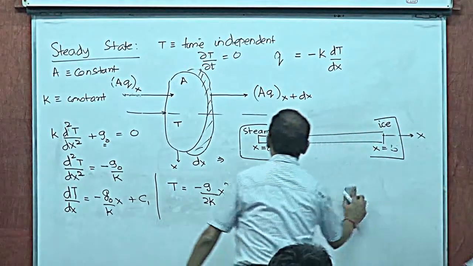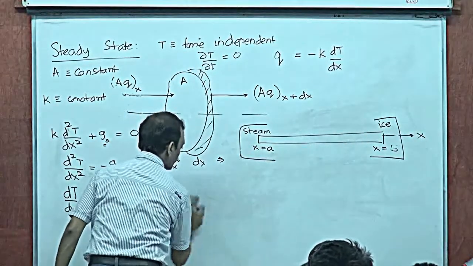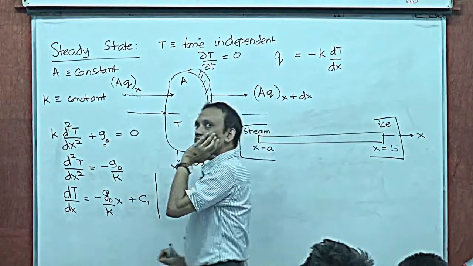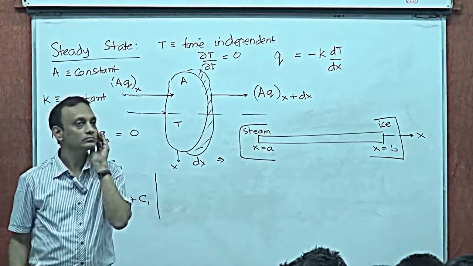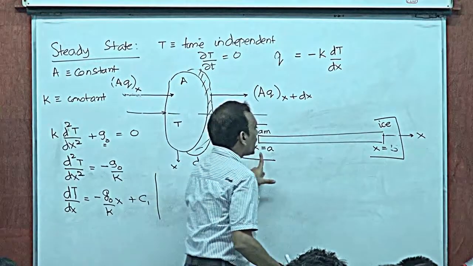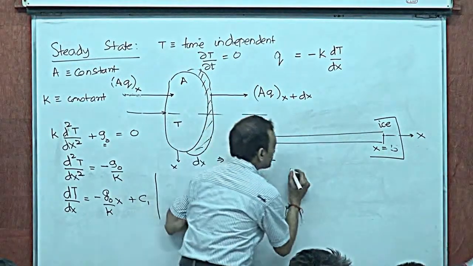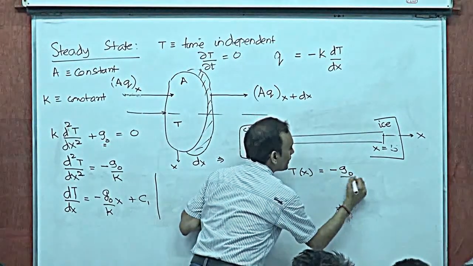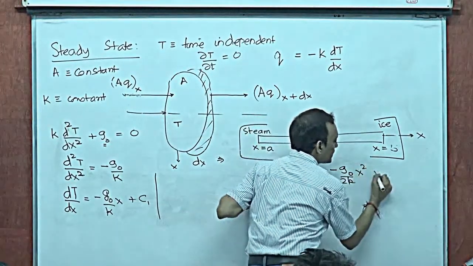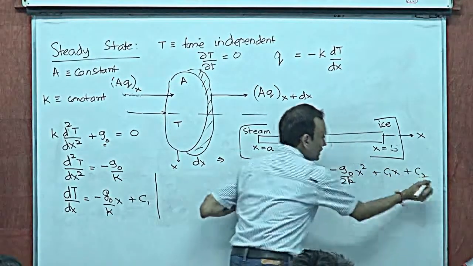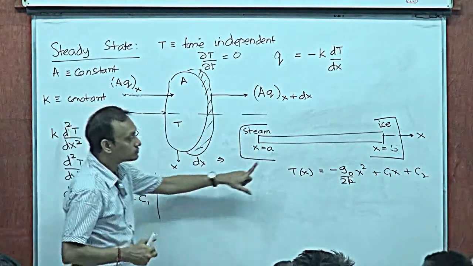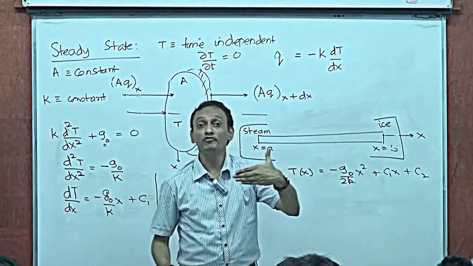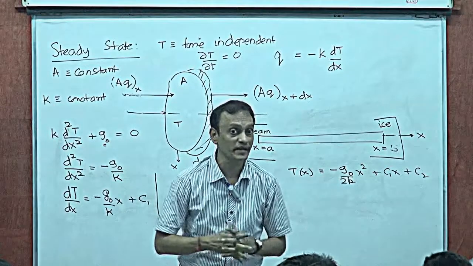The way you obtained temperature as a function of x was T equals minus g naught by 2k x squared plus c1 x plus c2, right? These are two constants that we need to obtain, and therefore we need two boundary conditions to obtain C1 and C2.